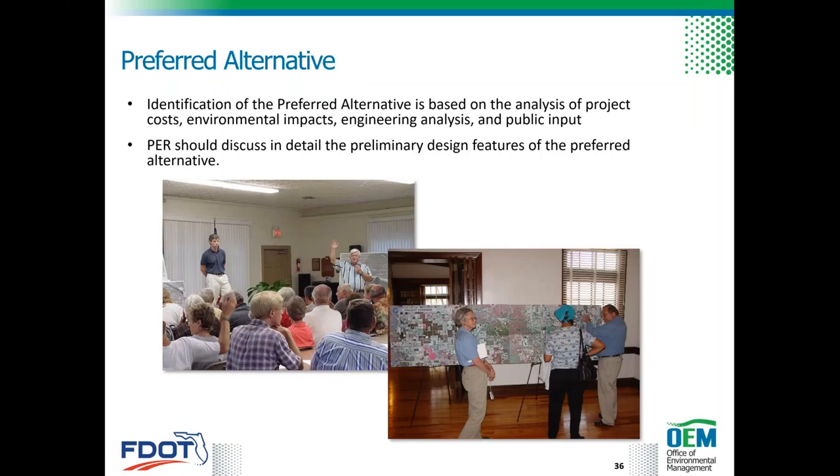On the preferred alternative, the identification is based on the analysis of the project cost, environmental impacts, engineering analysis, and public inputs. The PER should discuss in detail the preliminary design features of the preferred alternative.